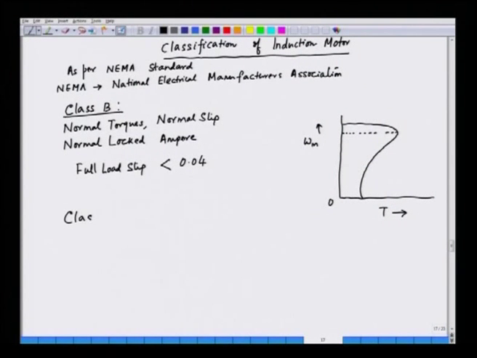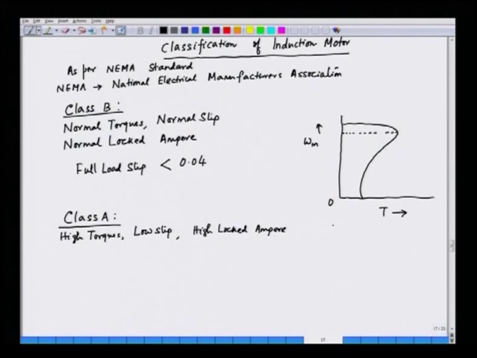So, we will see the specification of class A motors. So, we have class A motors. So, we have high torque, low slip, high locked ampere, or very high starting current.